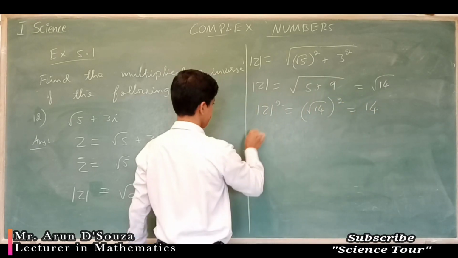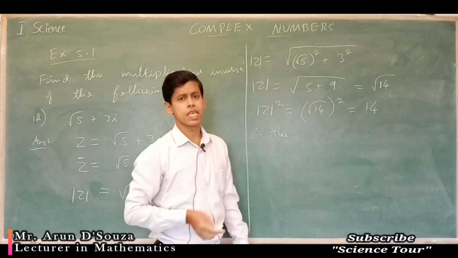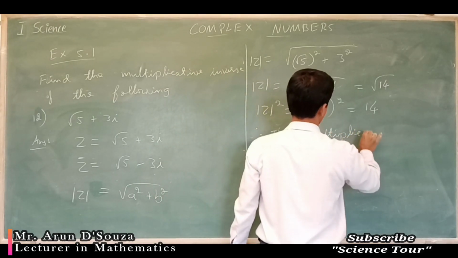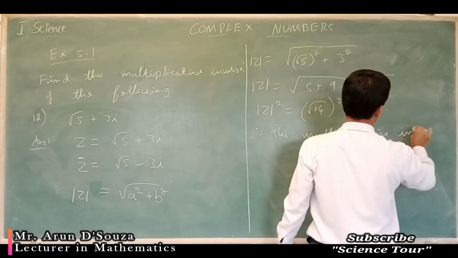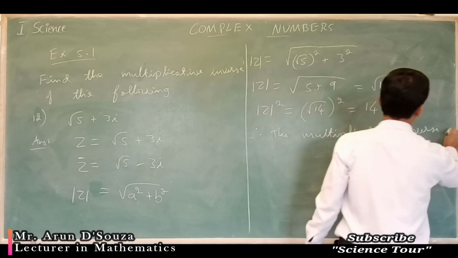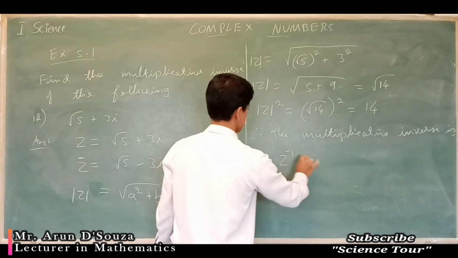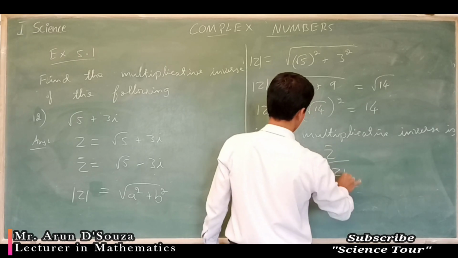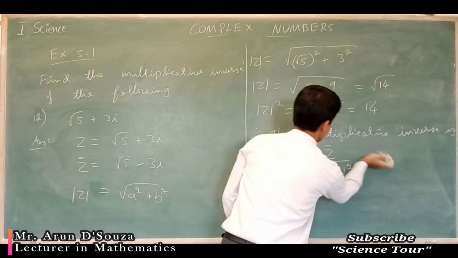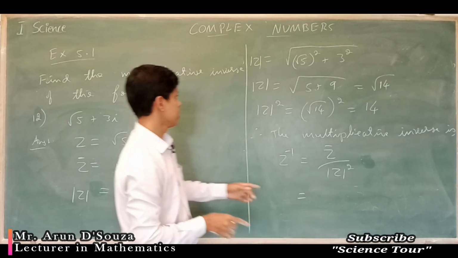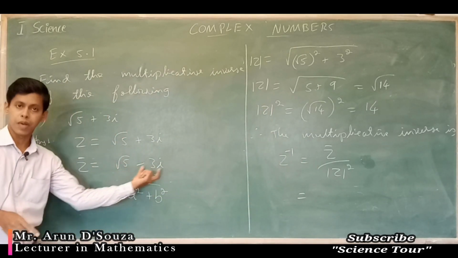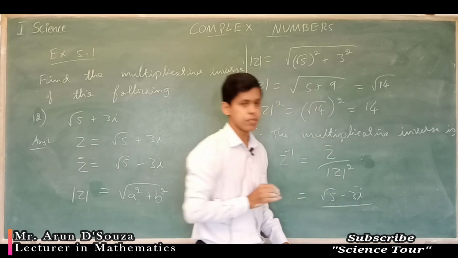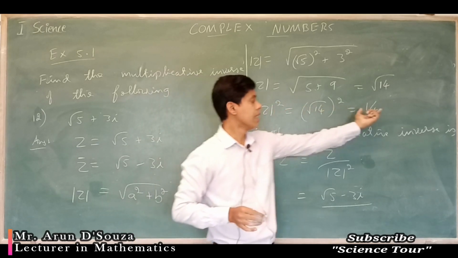So finally, the multiplicative inverse Z inverse is equal to Z bar divided by modulus square. That is nothing but root 5 minus 3i divided by mod Z square, and that is 14.